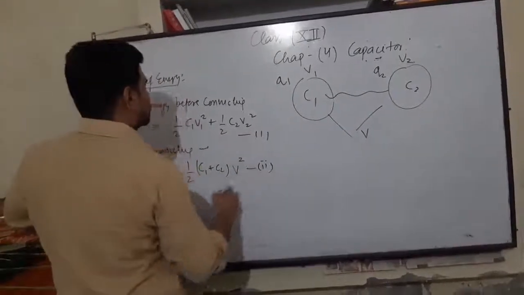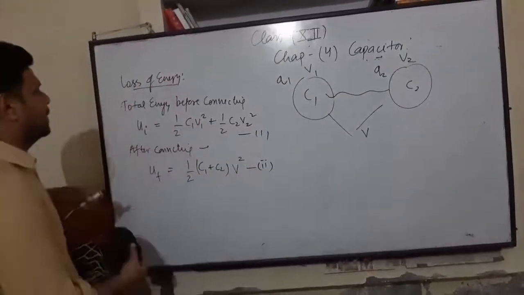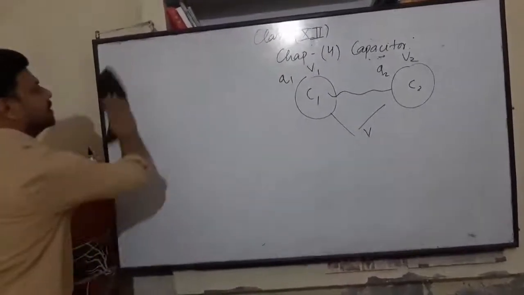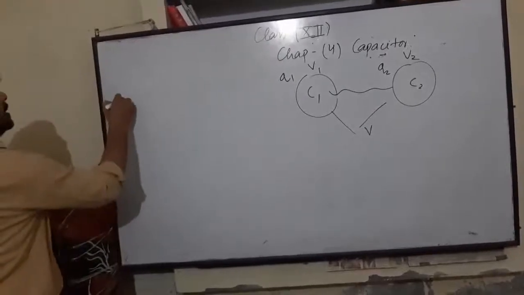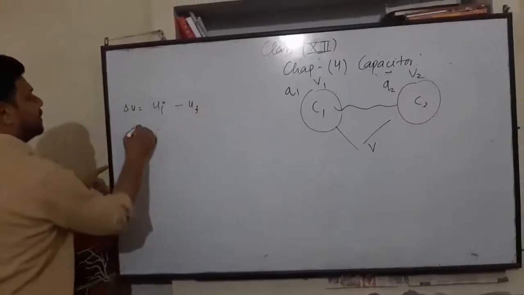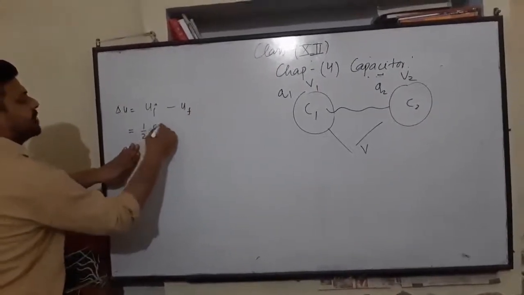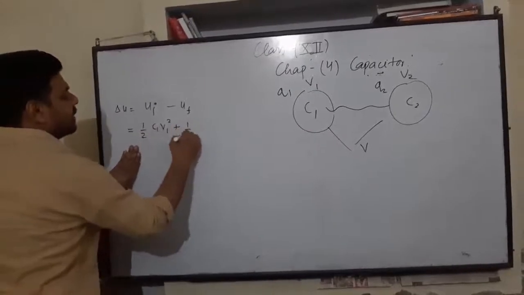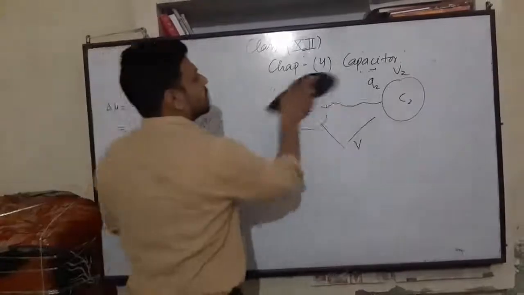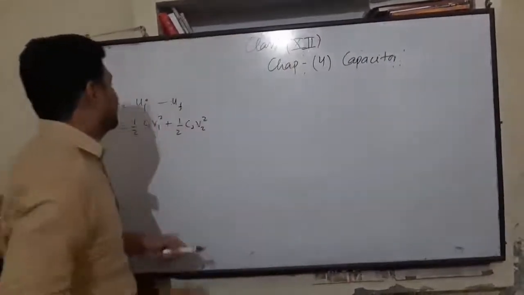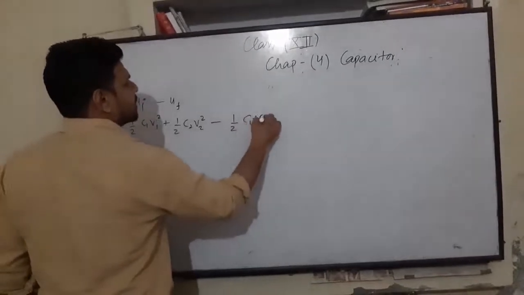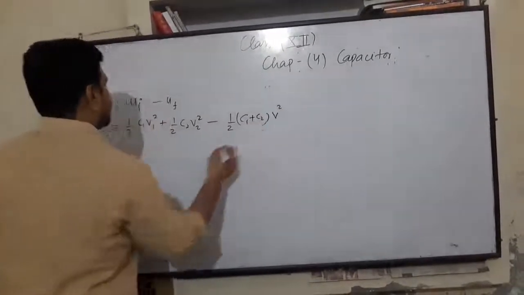Now, we will subtract them. So, the change in energy, delta U, is equal to UI minus UF. Initial is half C1 V1 square plus half C2 V2 square, and the final energy expression was half C1 plus C2 into V square.